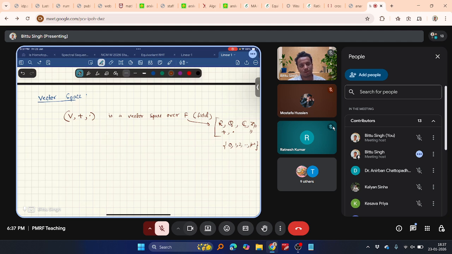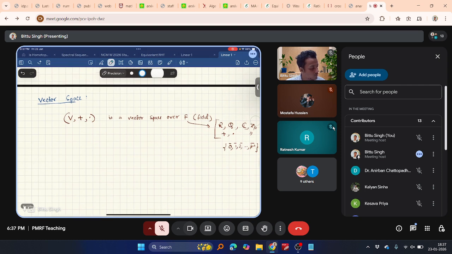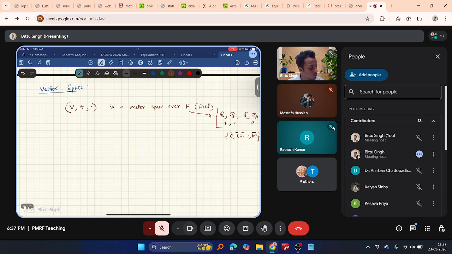It is like dialing, so 0 1 2, and after p it becomes 0 again, p equals 0. So we are taking integers modulo p. So this is also an example of a field. P is prime, otherwise it is not a field.